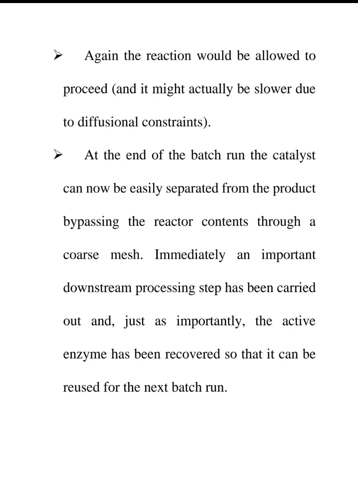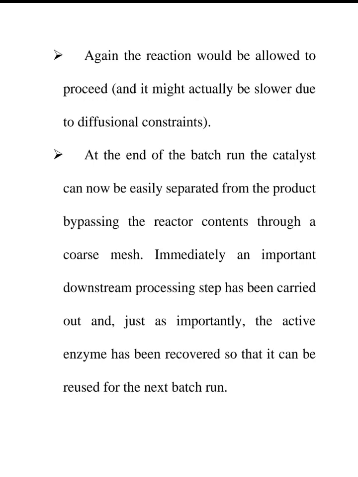Again, the reaction would be allowed to proceed, and it might actually be slower due to diffusional constraints. At the end of the batch run, the catalyst can now be easily separated from the product by passing the reactor contents through a coarse mesh.